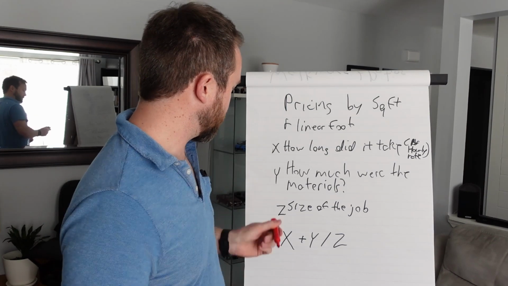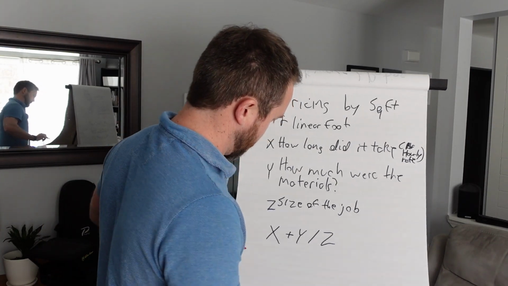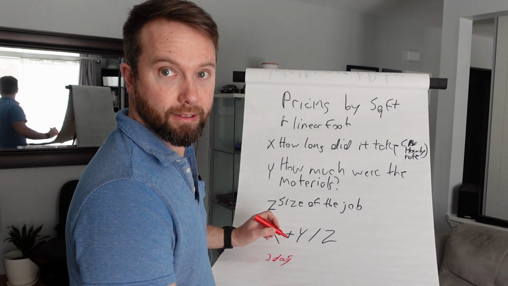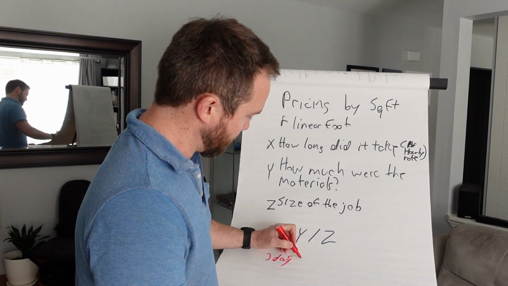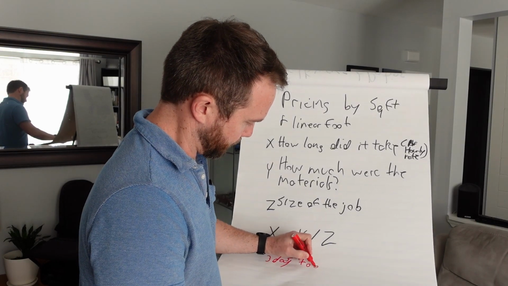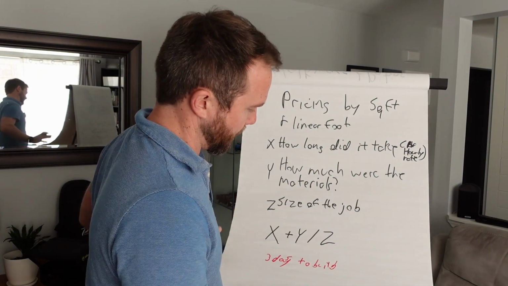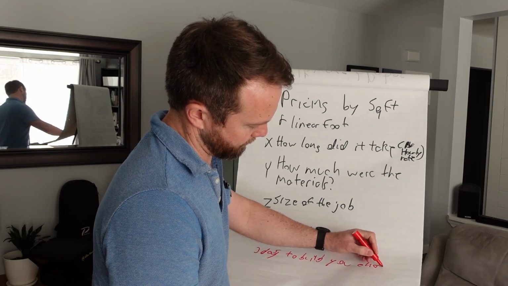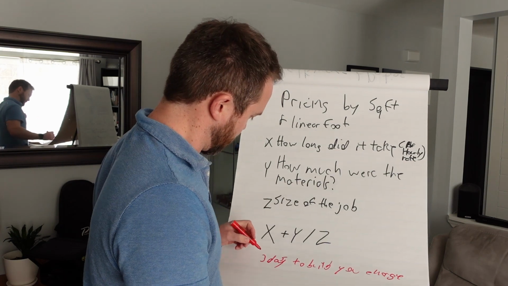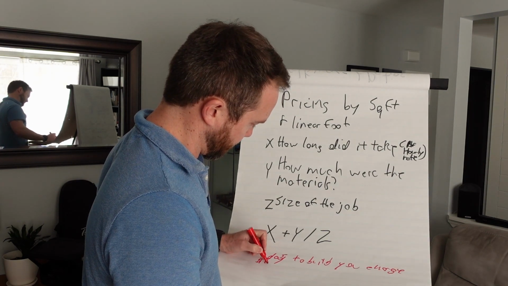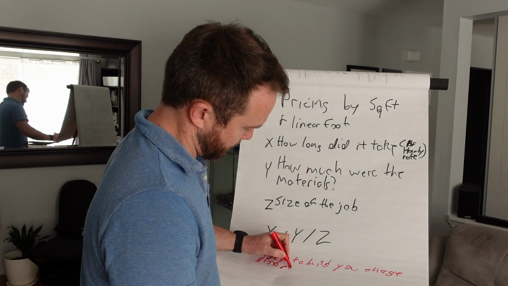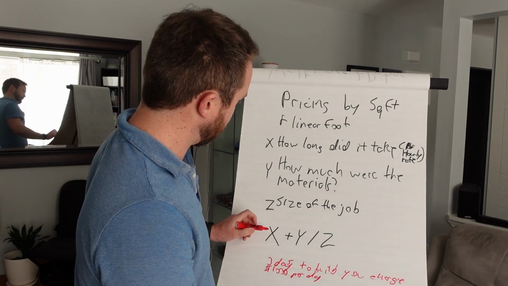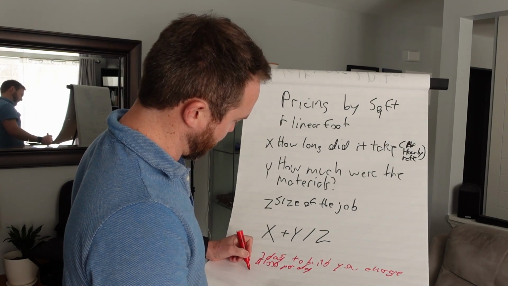So let's say it took you 3 days to build, and you charge $1,000 a day. So X would be $3,000.